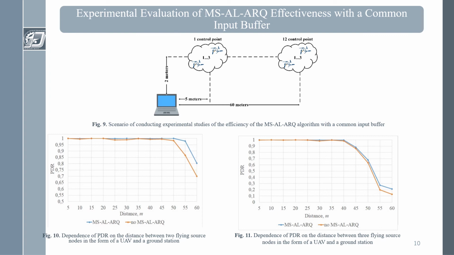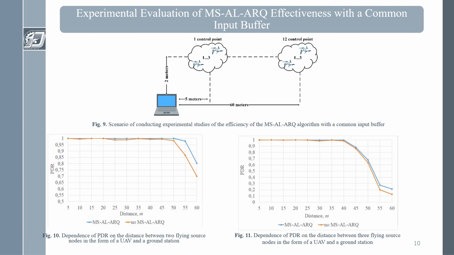The 12th control point was located at a distance of 60 meters from the destination node. The source nodes were removed from the destination node up to a distance of 60 meters with a step of 5 meters, as shown in Figure 9.